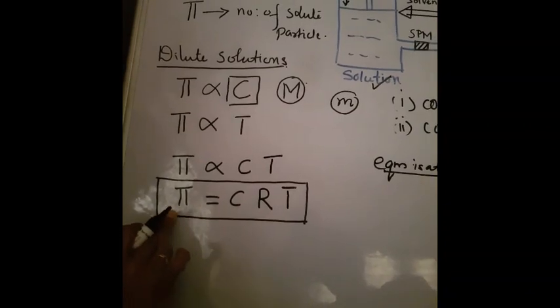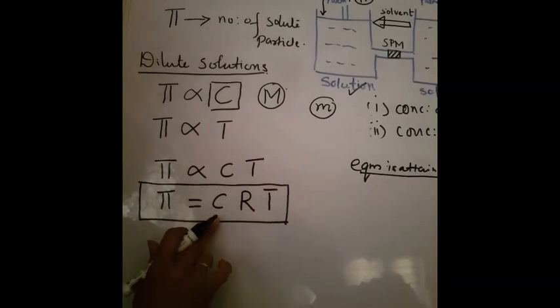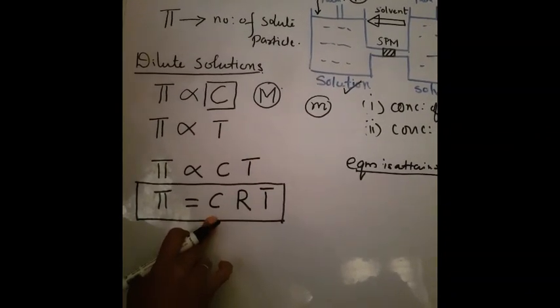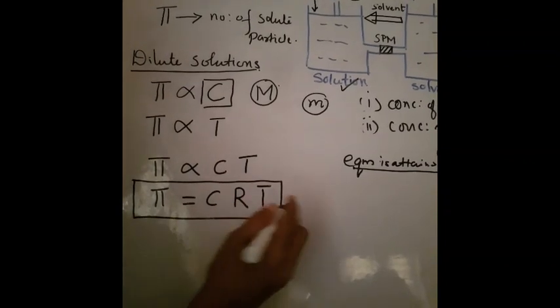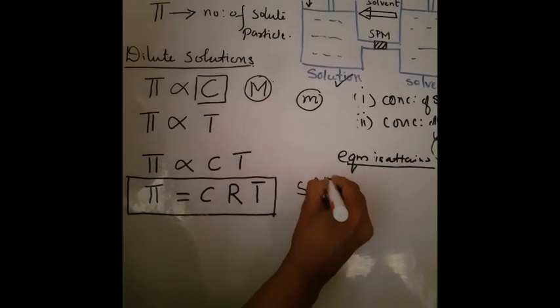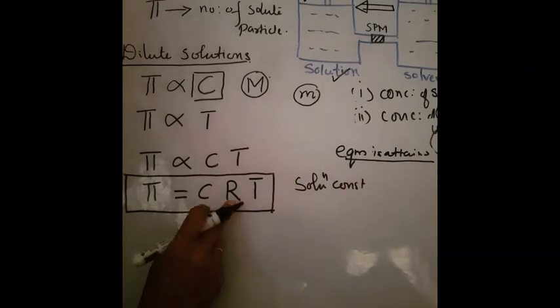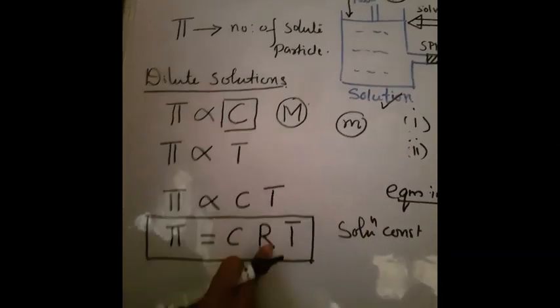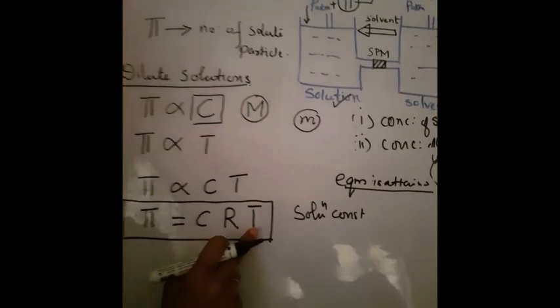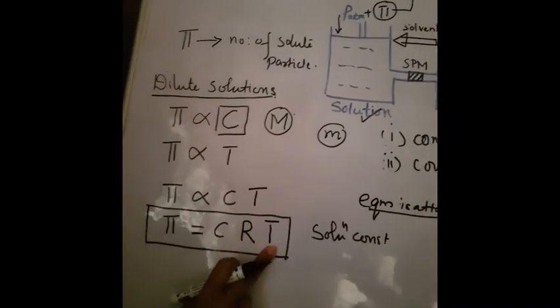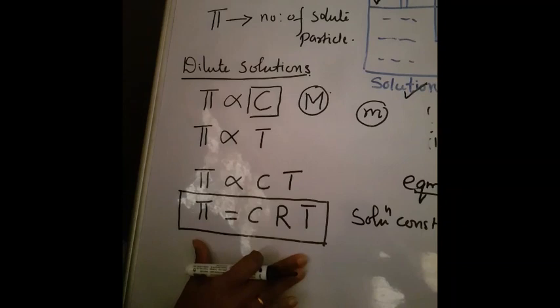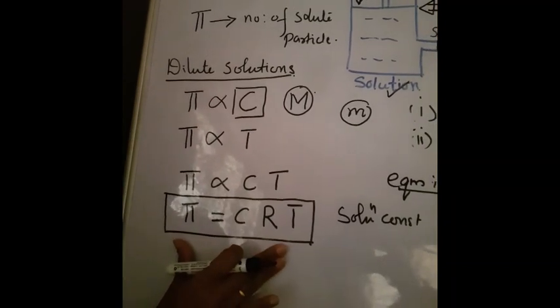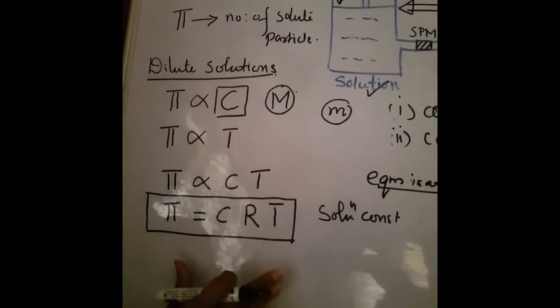Pi is the osmotic pressure, C is the concentration which is molarity, R is actually called the solution constant. We term it the universal gas constant because both have the same value, and T is temperature in Kelvin. So, this is the fundamental equation for finding out the osmotic pressure.